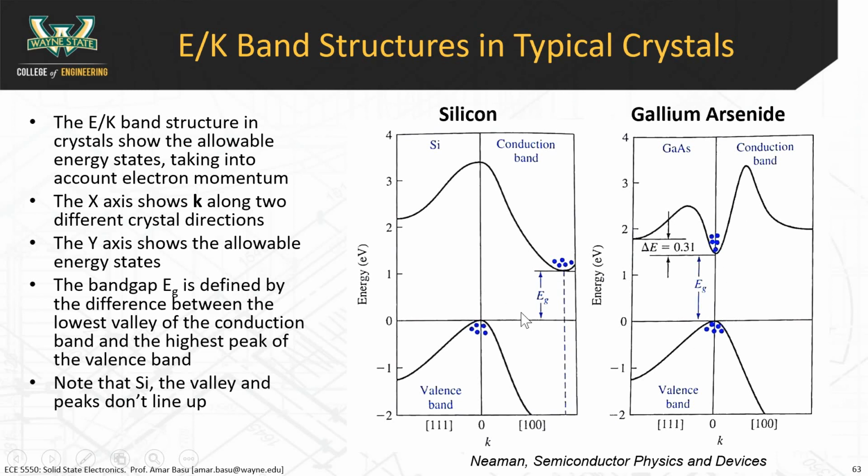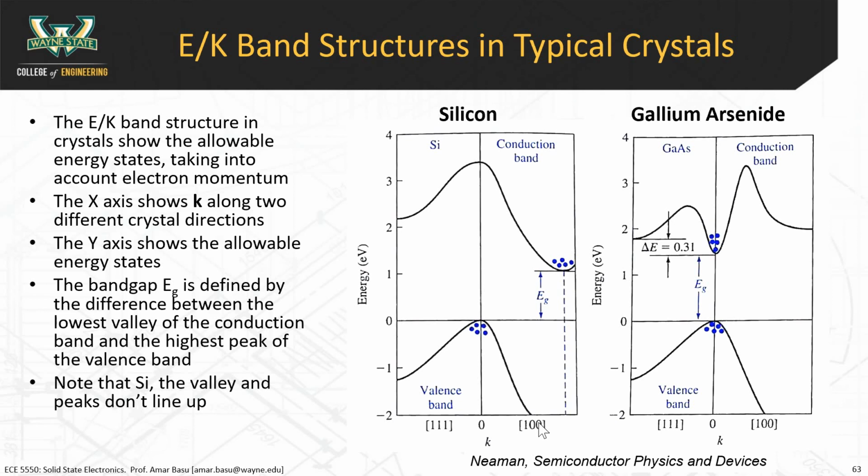In an indirect bandgap semiconductor, it has to transition in energy, and then also has to transition in momentum. So it has to move in the vertical direction and the horizontal direction. This is momentum on the x-axis. Because it can't change both simultaneously, the processes happen one at a time.